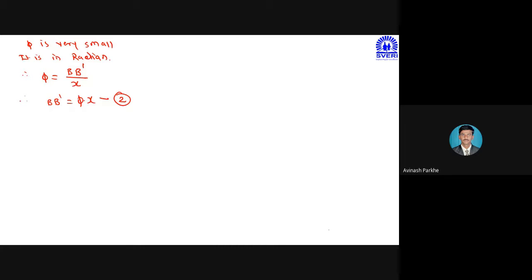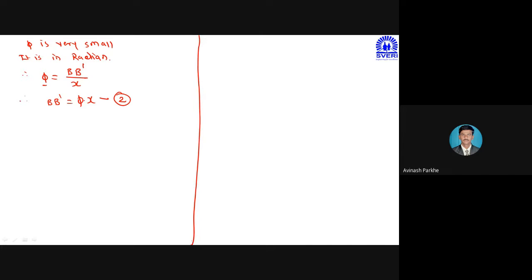So the radian value is very small. Therefore, the tan present in that formula we have neglected, and I have written the formula directly: phi is equal to B dash upon X, and by rearranging the terms, I have calculated B dash is equal to phi into X.